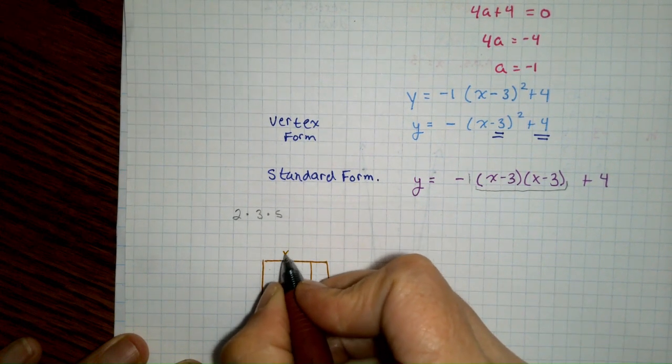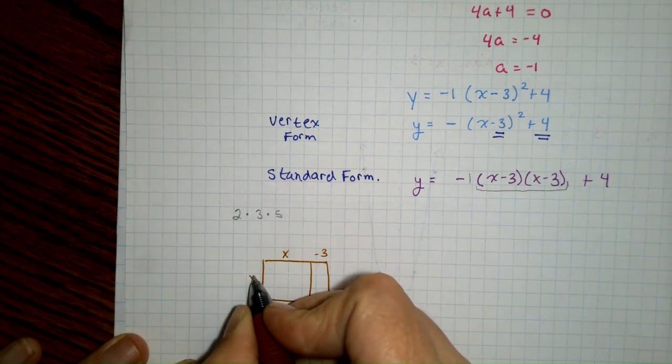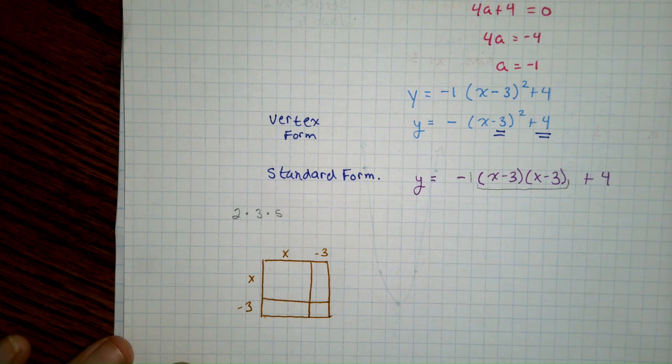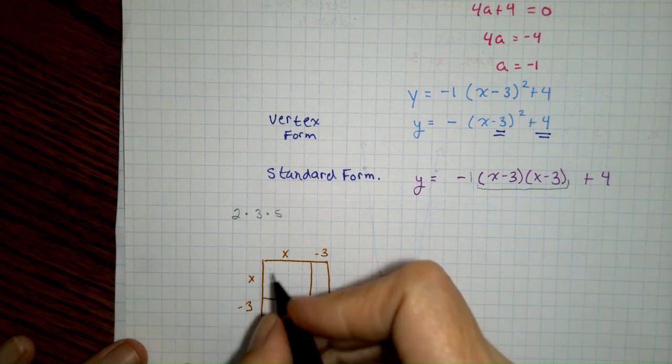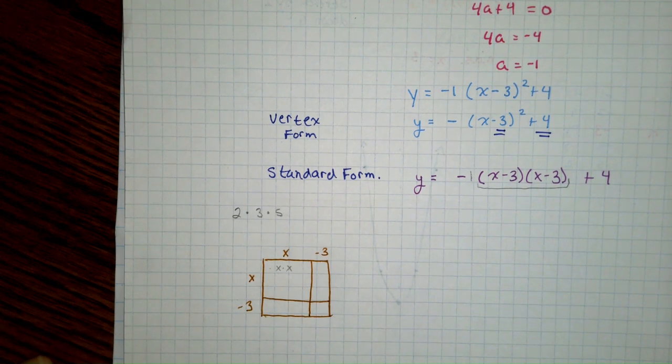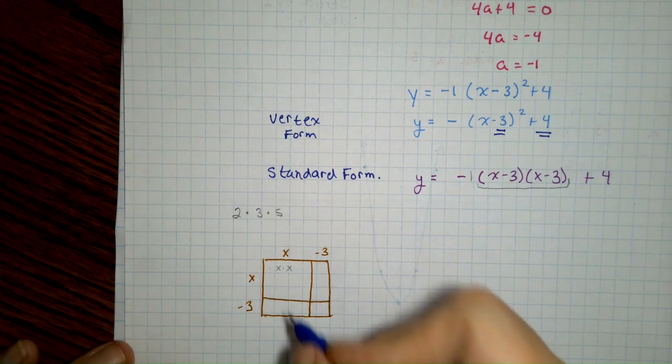So our first part is x minus 3 and x minus 3. And it kind of looks like a Punnett square if you think about it too. So in this first box, we would have x times x. And when you rewrite those so that you don't have to write x twice, we would write x to the second power.